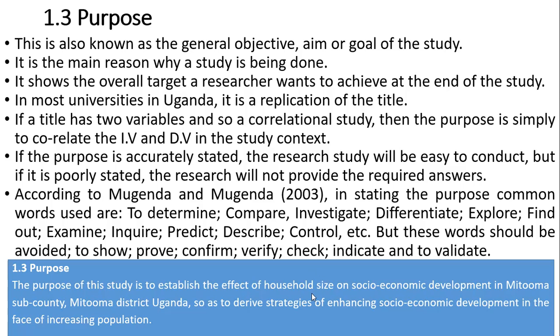So you can look at 20 research reports and look at the way they stated their purposes. I believe you can be able to identify the differences and the similarities, which is the skill we expect a person at a postgraduate level to get. If at a postgraduate level you cannot compare things to identify similarities and differences, please, we encourage you to enhance that capacity, because that is what differentiates you from a bachelor's.